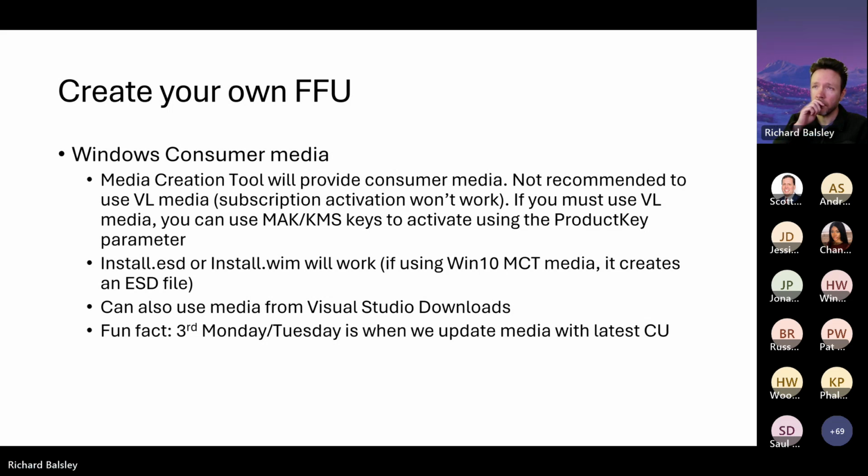If you're using the media creation tool, you will end up with an ISO that might have an ESD or an install.wim. The Windows 10 media creation tool media will create an install.esd. It doesn't matter if your ISO has an ESD or a WIM file. The script is able to parse that, and it works just fine.